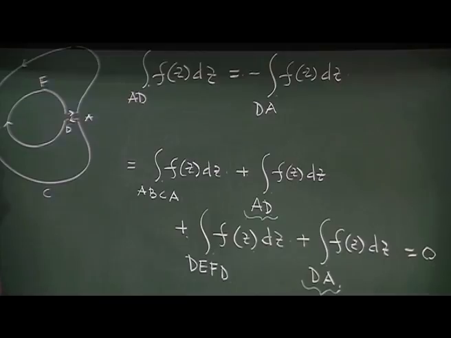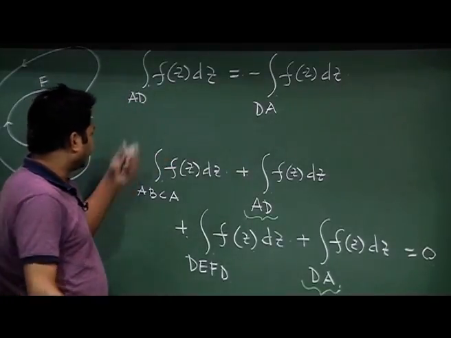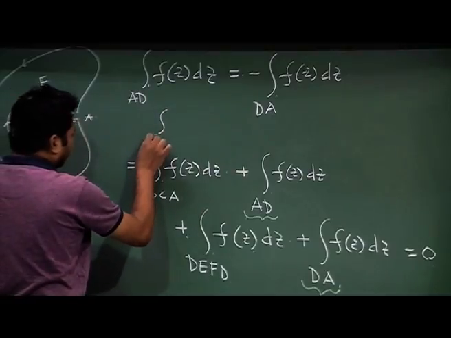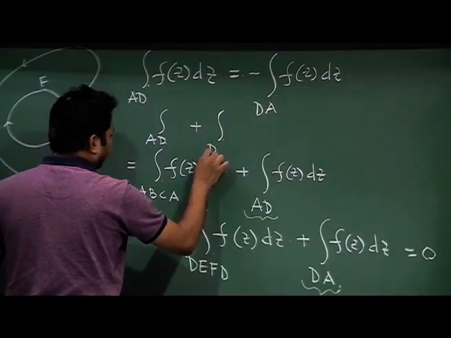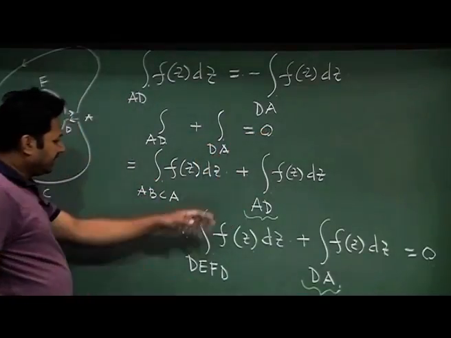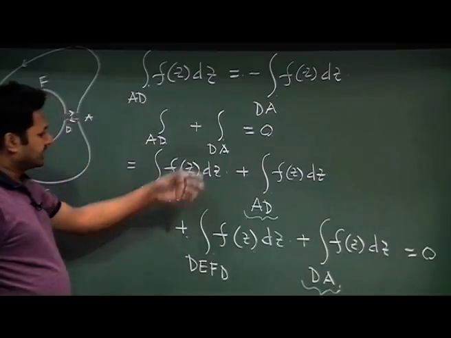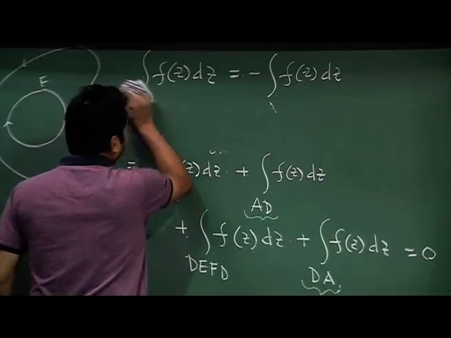So, when it is in the opposite direction, I can write that the summation of AD integration plus dA integration is 0. That means in this total integration, this part and this part cancel out.